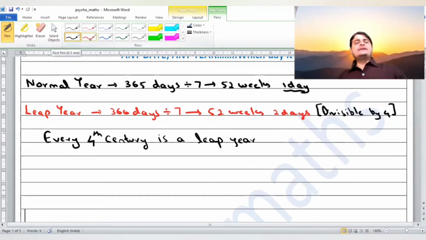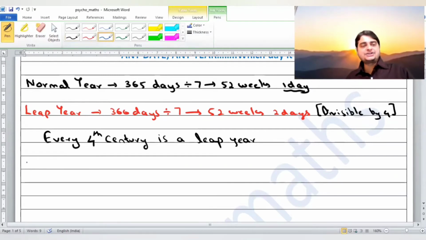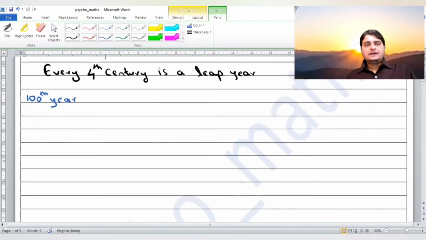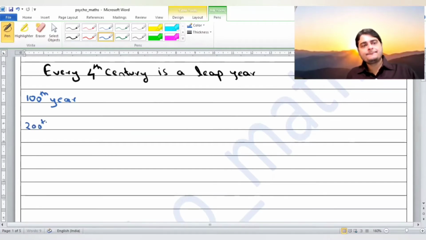Since the inception of the calendar, I am speaking from the year 0, the first century, the 100th year, was not a leap year. The second century, the 200th year, was also not a leap year.